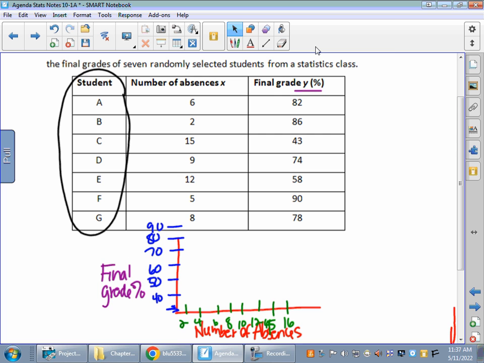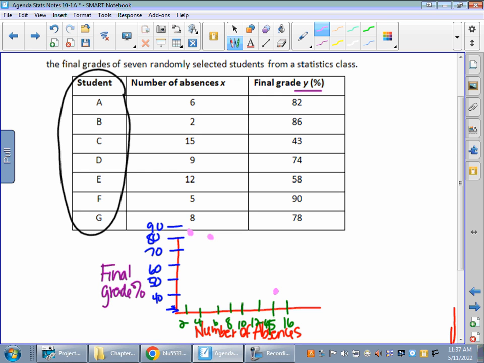All right, so student A, we've got ourselves 6 absences and an 82. 2 absences, 86. Notice they're not going to go straight across like we're sometimes accustomed to. 15 absences and a 43.